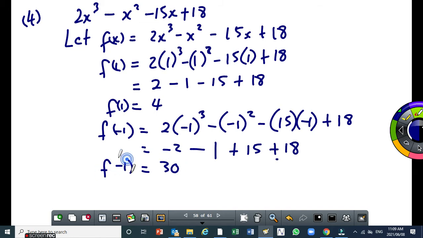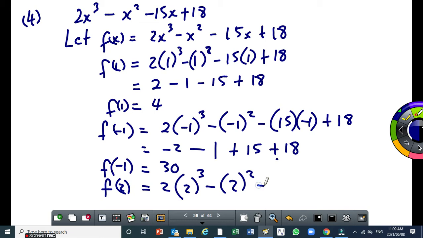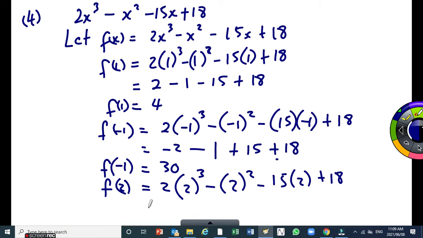So we have to try f(2). f(2) will be 2 times 2 cubed minus 2 squared minus 15 times 2 plus 18. That will give me 16 - 4 - 30 + 18.